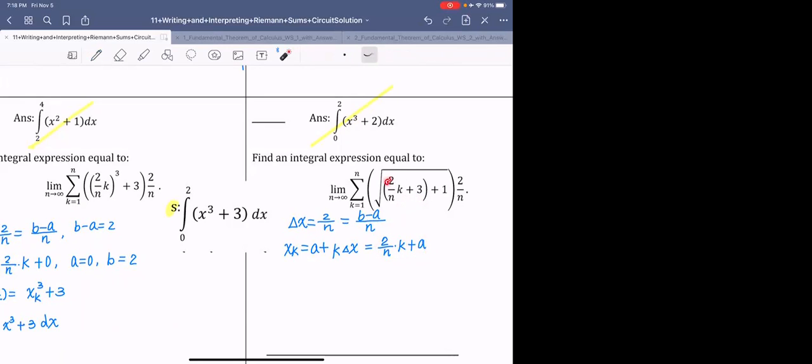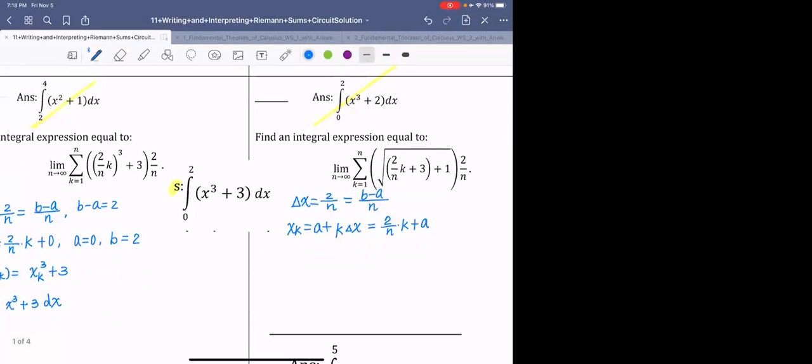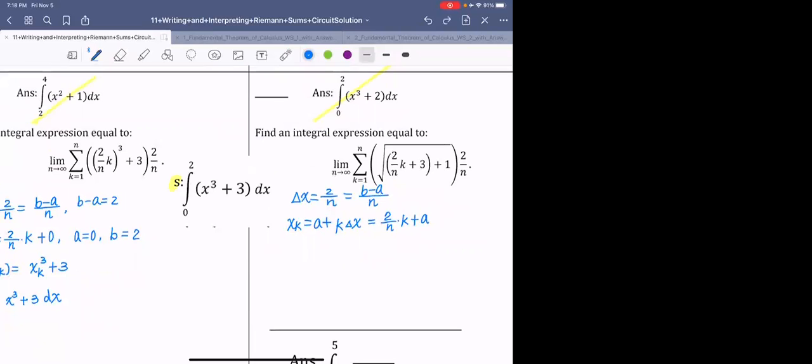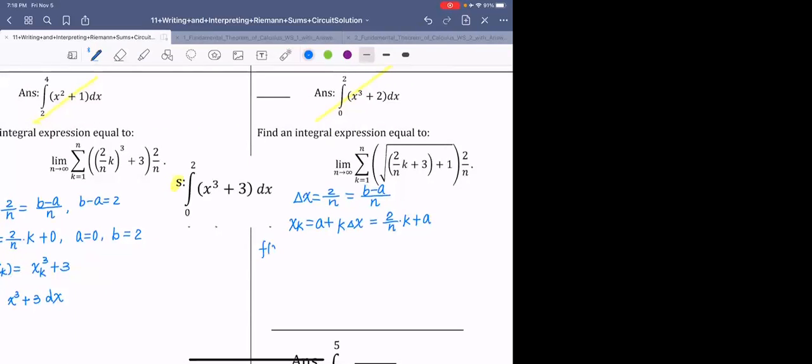Now you found this is your xk. Who is your function? f(x) is who? Square root of x plus 1. Yes, square root of x plus 1.